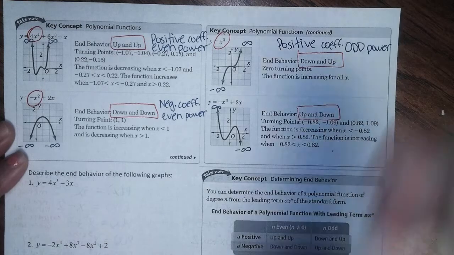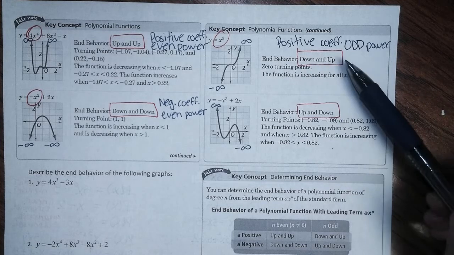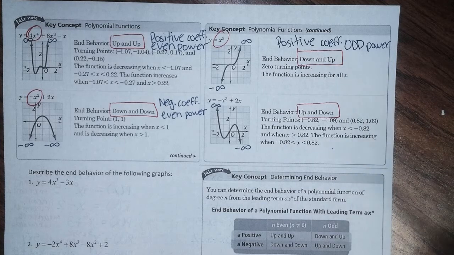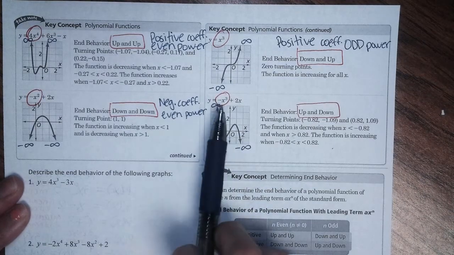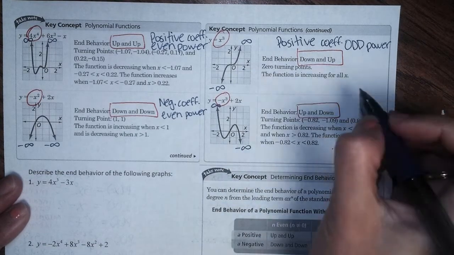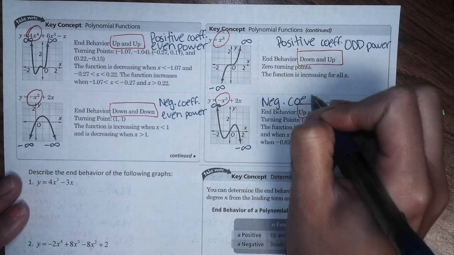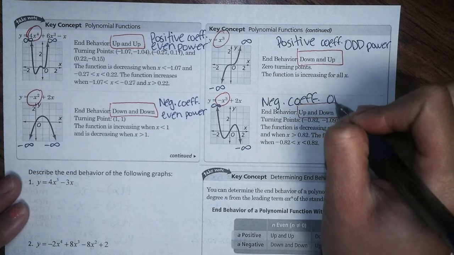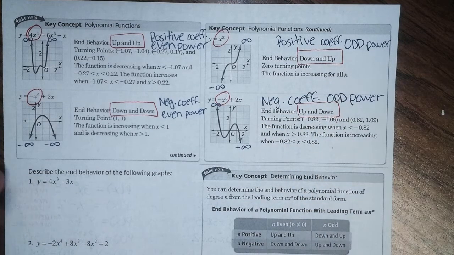So if your leading term is a positive coefficient with an odd power, it will always be the down, up behavior. And finally, if your leading term is a negative coefficient with an odd power, you will have an up, down behavior.